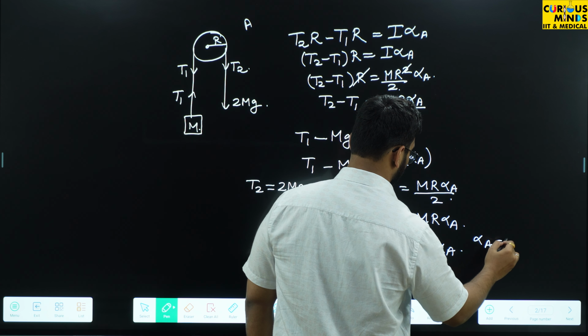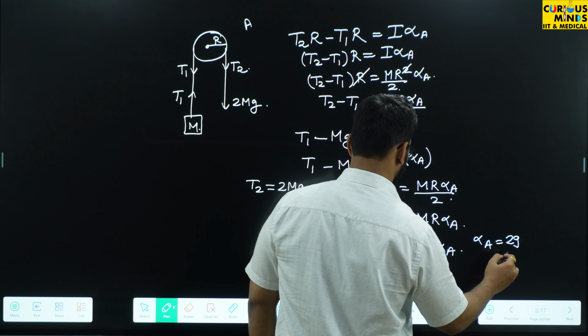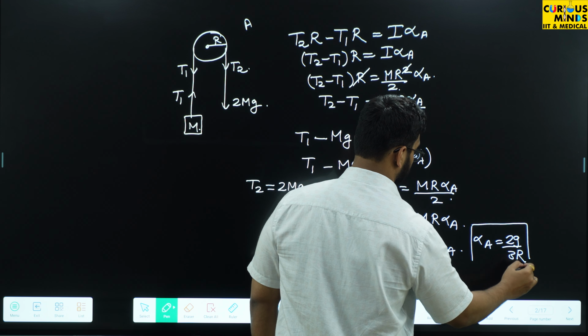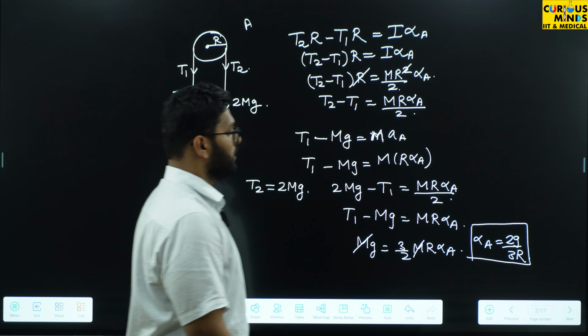Alpha A is equal to 2g by 3R. This is alpha A, 2g by 3R.